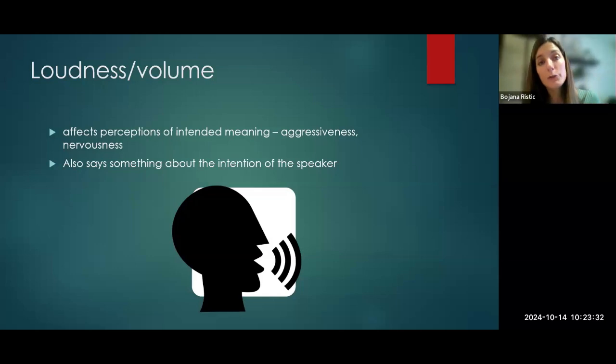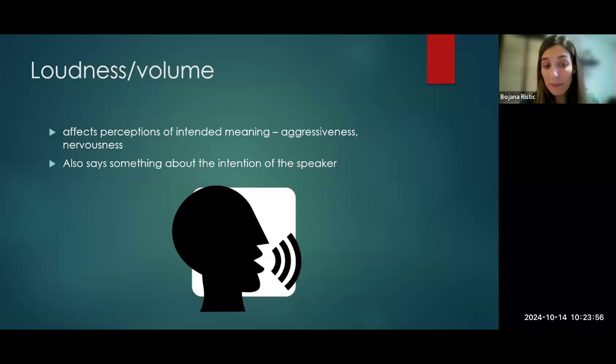Finally, loudness or volume affects a lot our perception of the speaker, right? There are again cultural differences, but we usually think that when somebody is speaking louder, we perceive it as more aggressive. When somebody is speaking quietly, we perceive it as unsure, nervous, something like that, right?